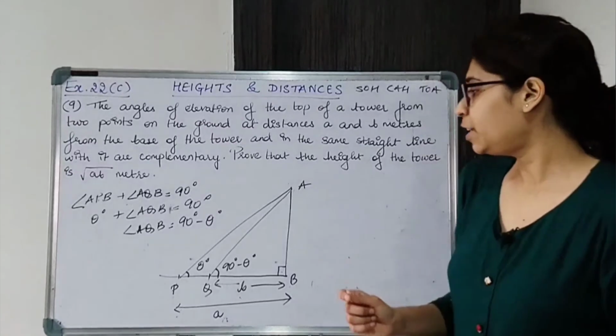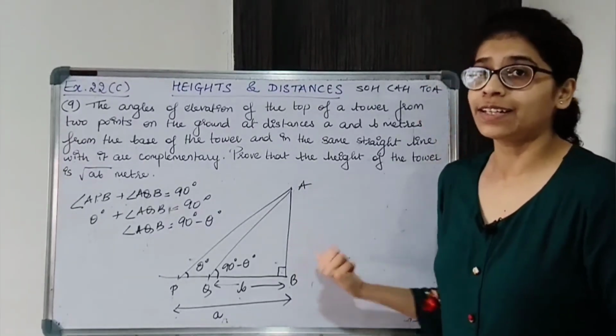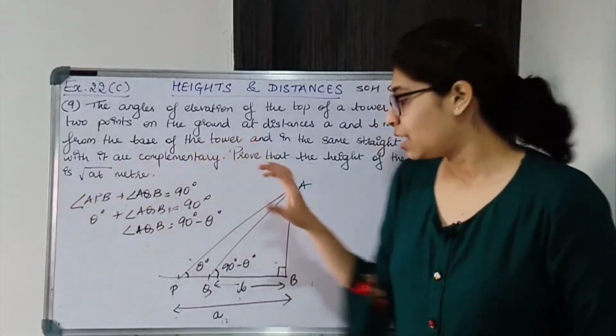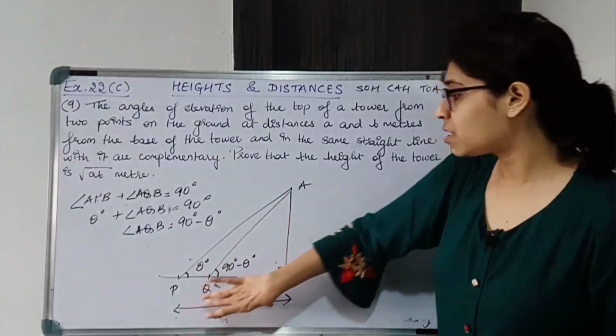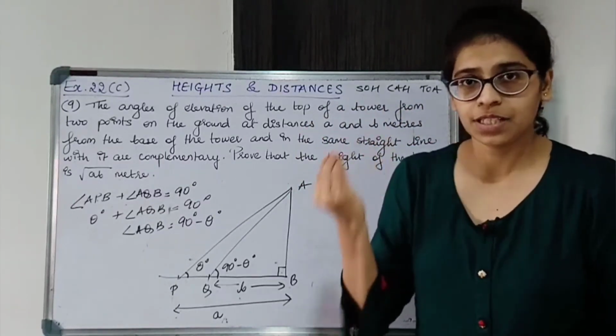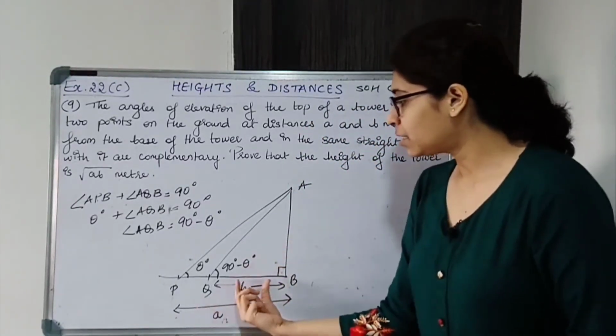Now we need to prove that the height of the tower AB is equal to root AB meter. That is, we have to relate the height of the tower to the distances. Now we have to relate it to A as well as to B.